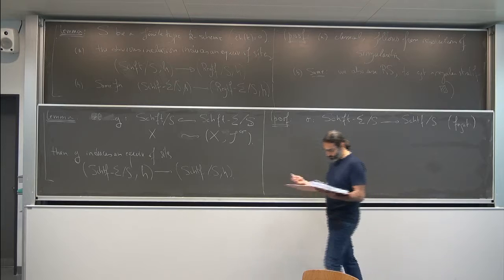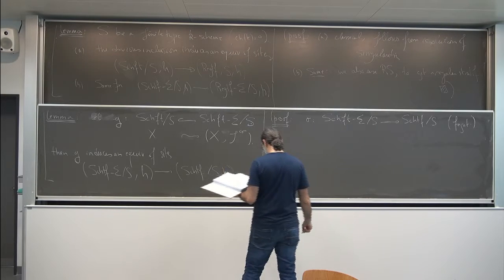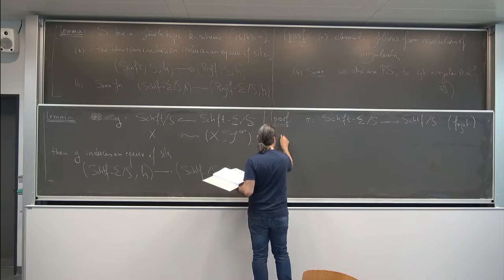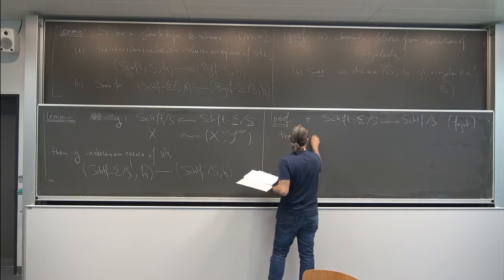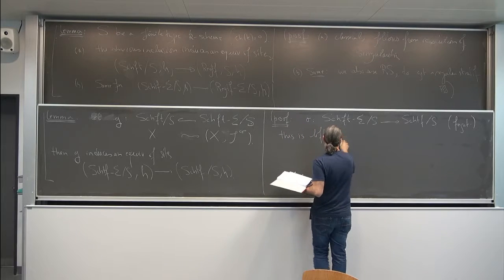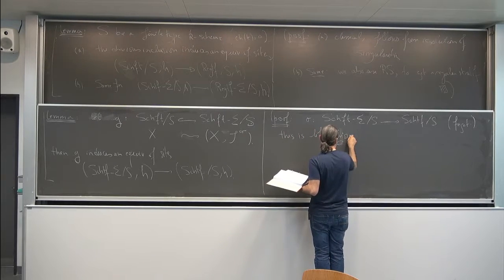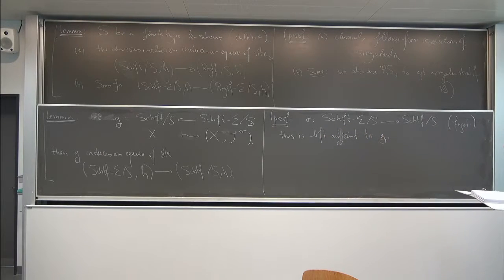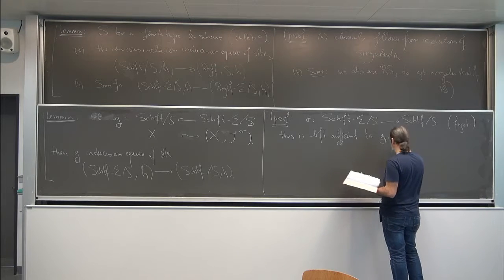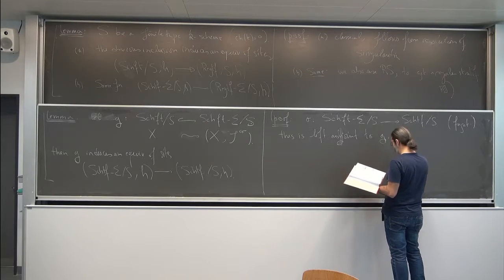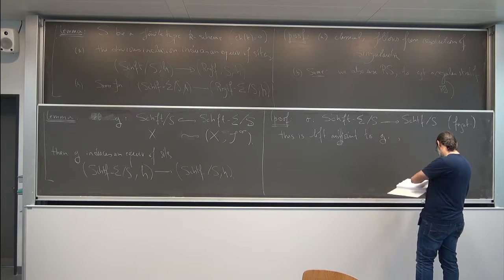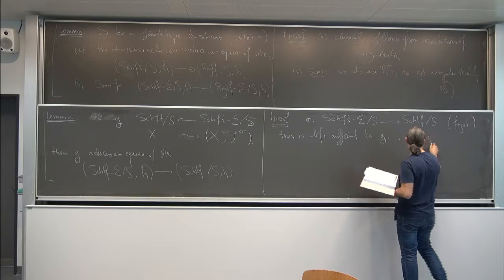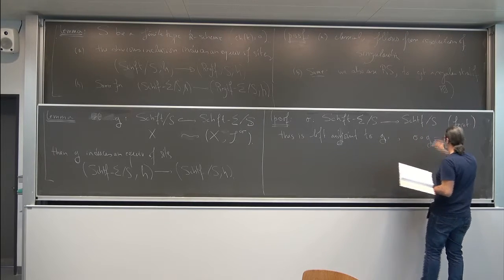And this is the left adjoint to G. In particular, if you compose G and O, you get identity, right?